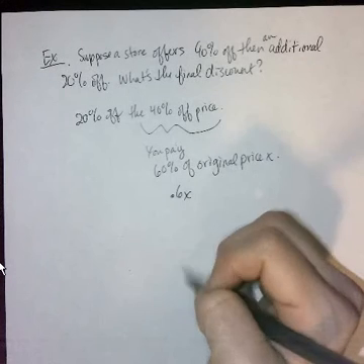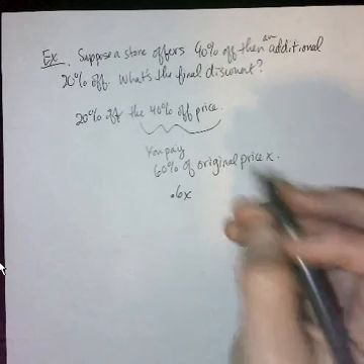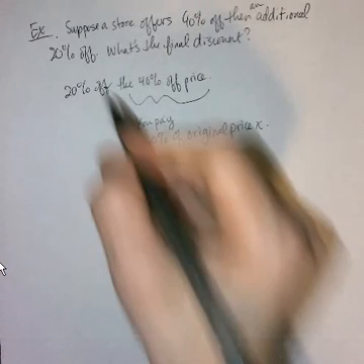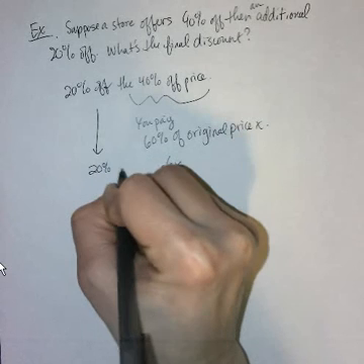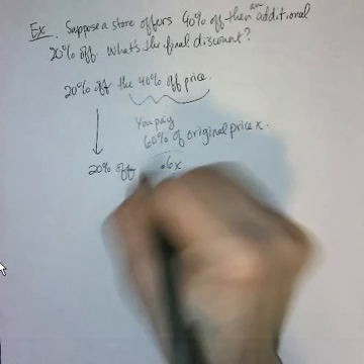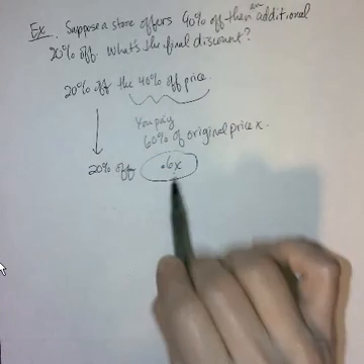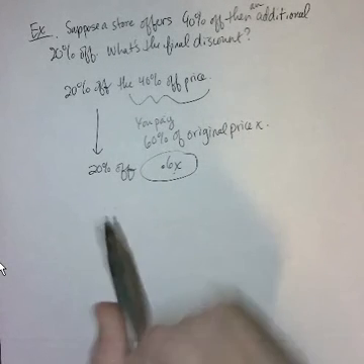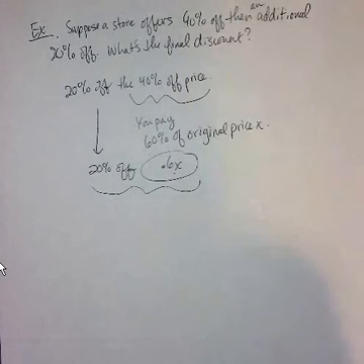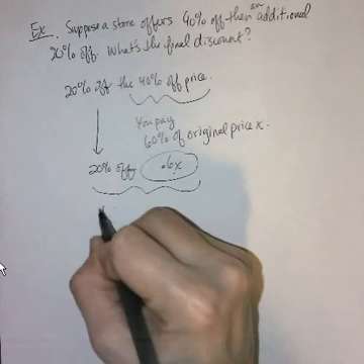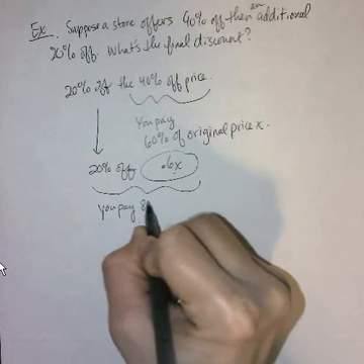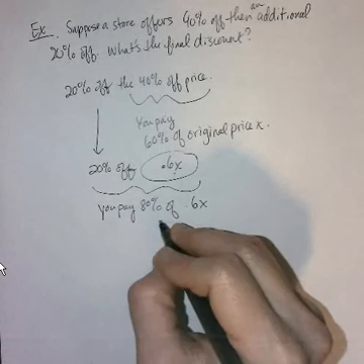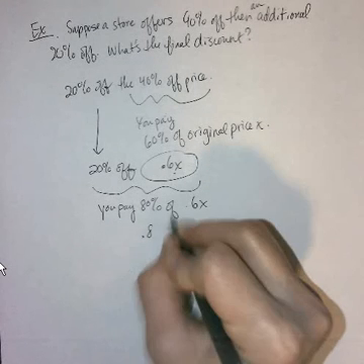Let's just say that's 0.6X. So you get 20% off this 0.6X. That's how much you would pay after the 40% discount. It's easier to do it in terms of how much you're going to pay. So you pay 80% of 0.6X, so you pay 0.8 times 0.6X.